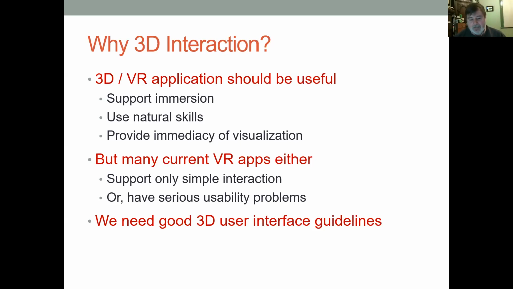I like to think of it as we're in 1984, where the Mac first came out, and we have for the first time a real mouse, windows, icon, menu, pointing interface that works. So we now have the first generation VR systems that really work, and now we have to do all that research to get to where computers are today.